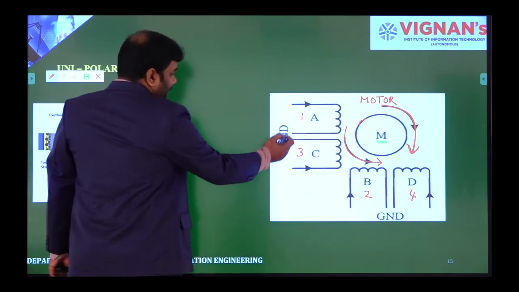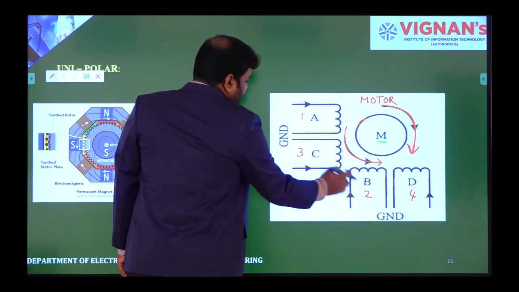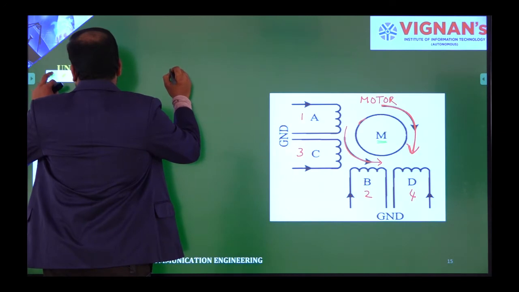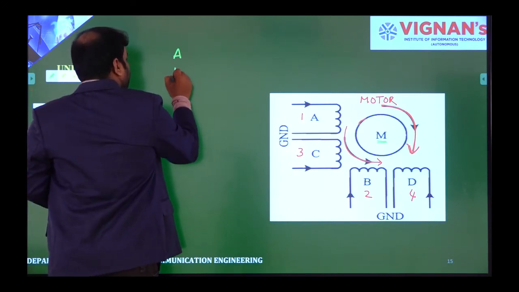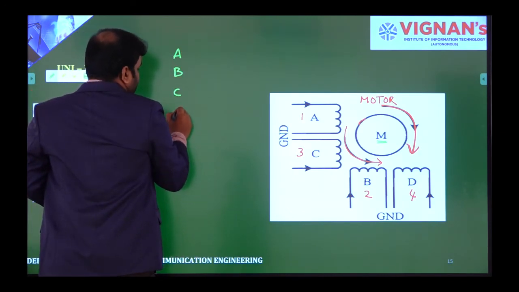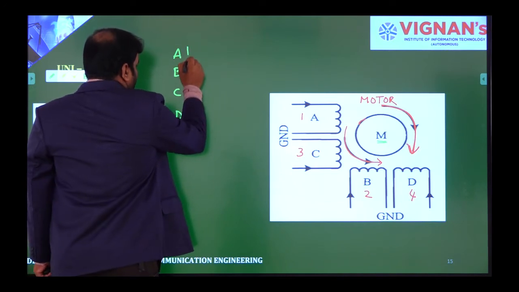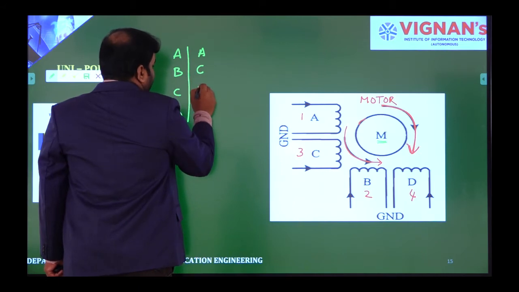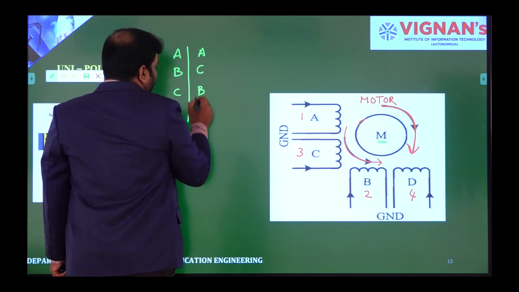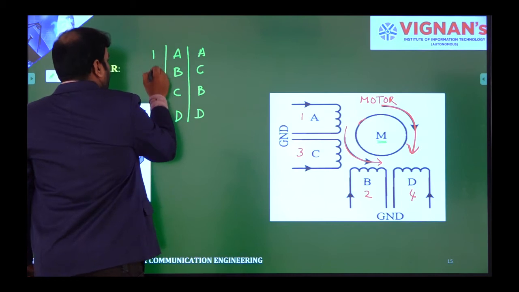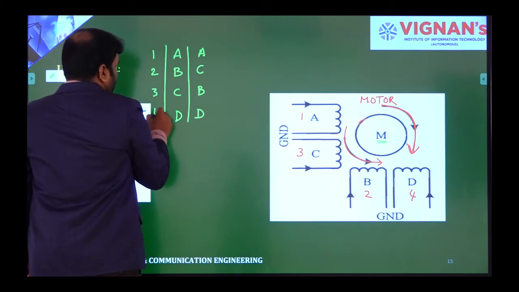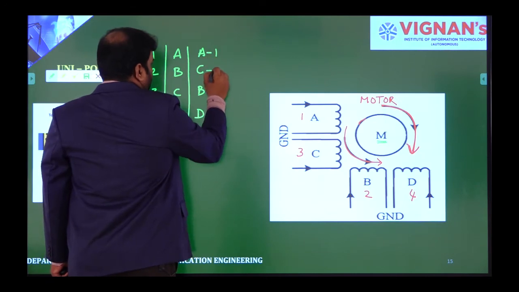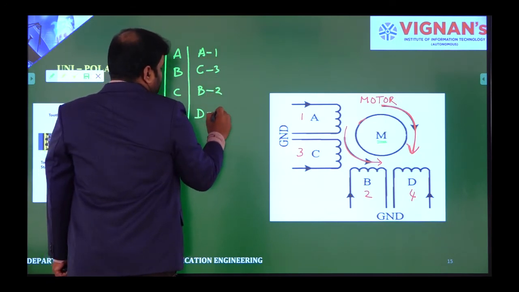For example, I have windings A, B, C and D, 4 windings I have, right? The first one is A, second one is B, third one is C and D. As the motor has to operate, I would like to have a relation between 1 and 3, and 2 and 4. So now it becomes 1, 3, A 1, and this one is 3, and this one is 2, and this one is 4.